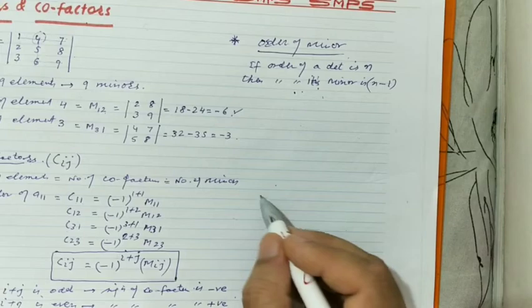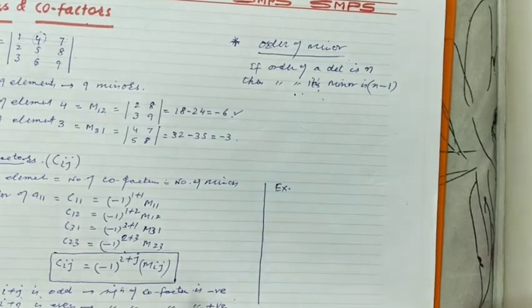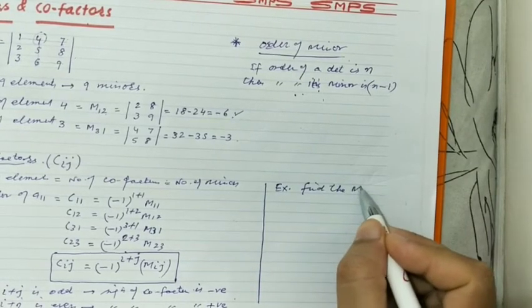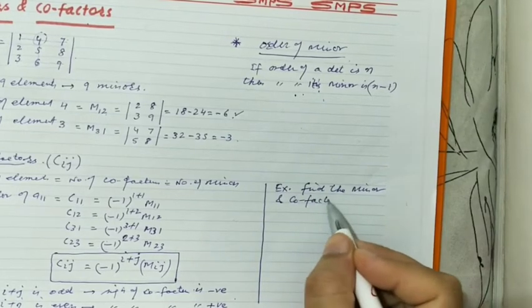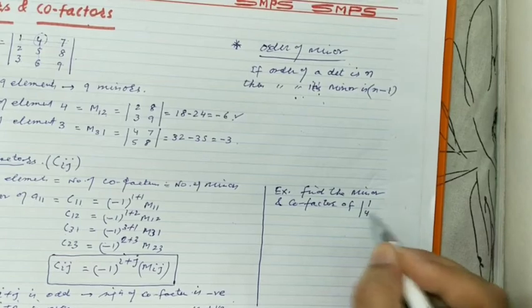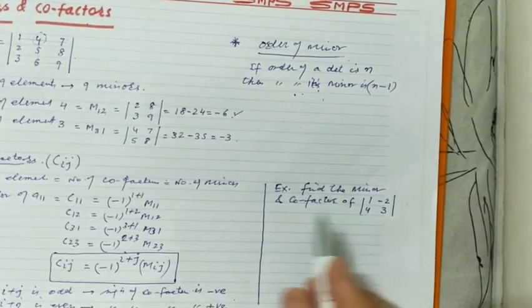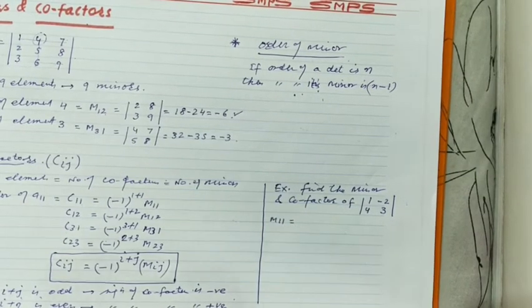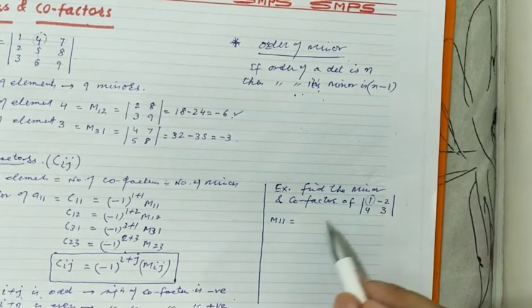Look here, example: find the minor and cofactor of the determinant 1, 4, minus 2, 3. The minor of element A11 is what?